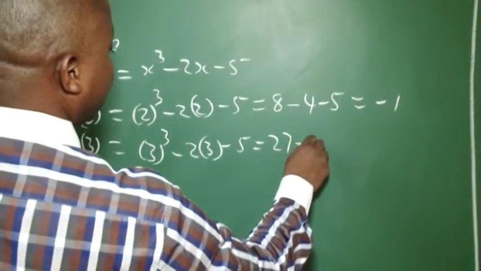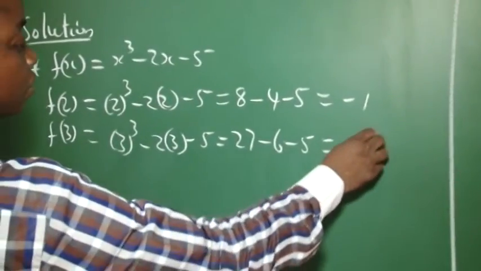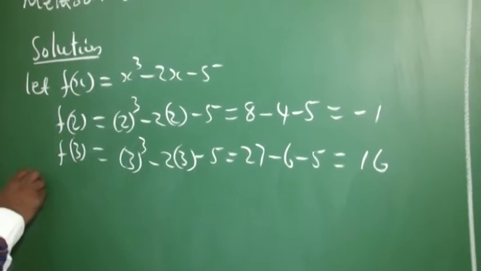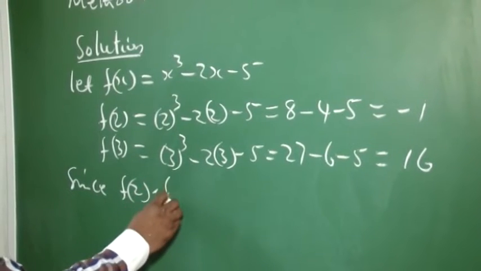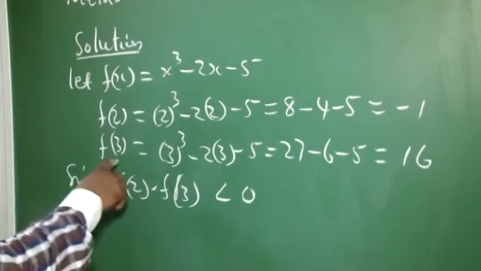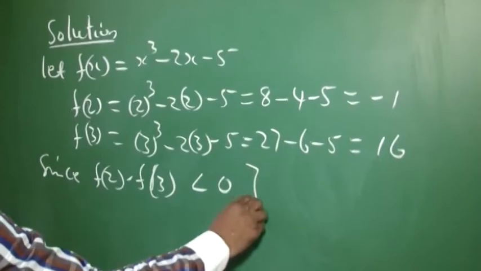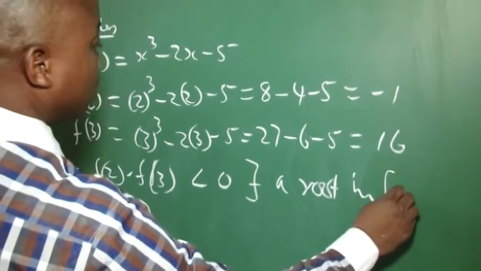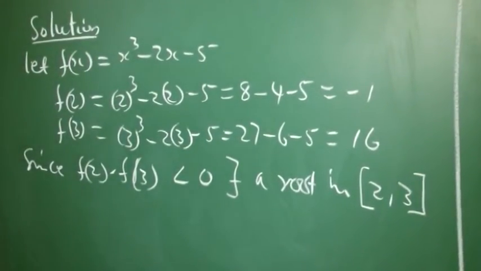Well, this is 27 minus 6 minus 5. That is 27 minus 11, which is 16. Right, since f of 2 times f of 3 is less than 0, because if you multiply these two, you have negative 16. So there exists a root in 2 and 3. In this interval 2 and 3, there's a root.